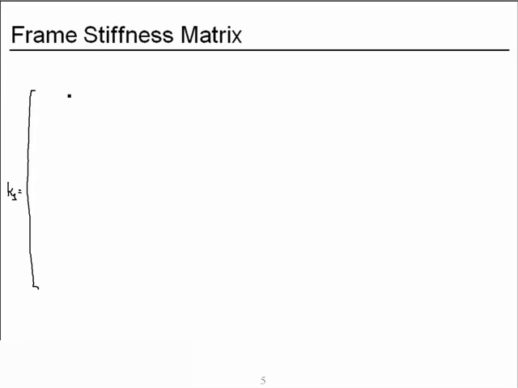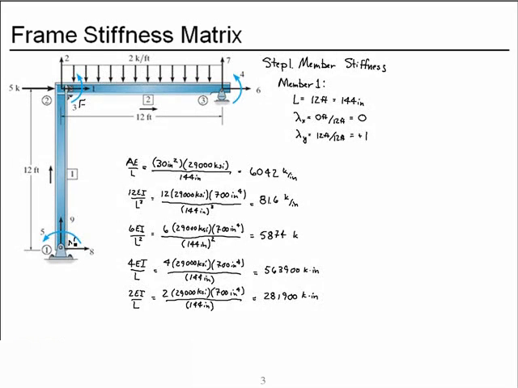Now for element 1, the near node degrees of freedom are in the sequence 8, 9, 5, and then the far node degrees of freedom are in sequence 1, 2, 3.